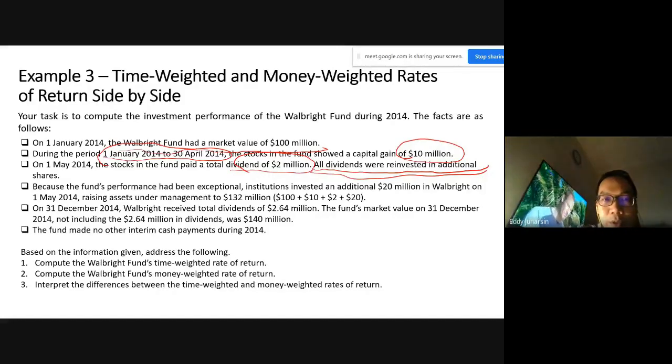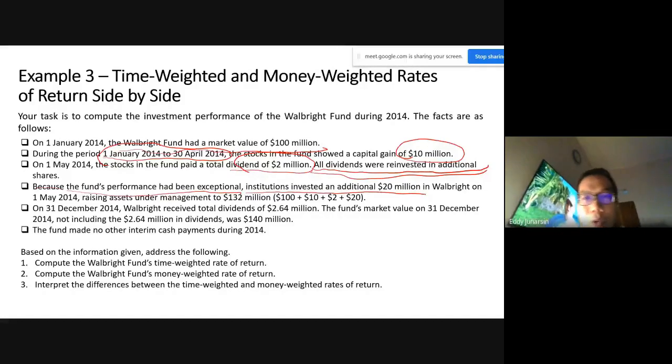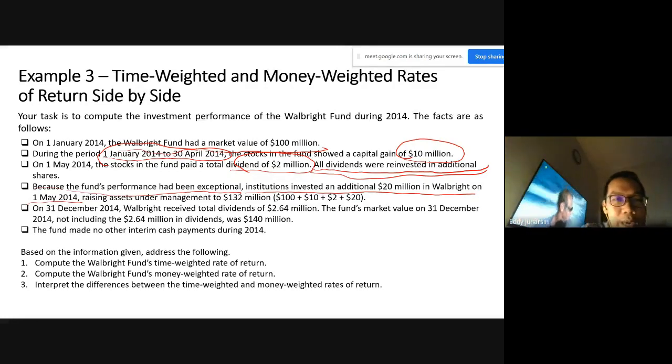Because the fund's performance had been exceptional, institutions invested an additional 20 million on May 1st. So remember, it got a dividend of 2 million, capital gains of 10 million, and it also got 20 million from the investor. So the AUM at the beginning of May became 132.